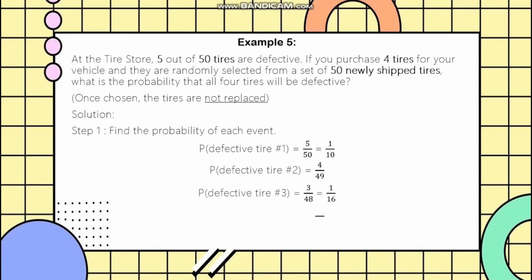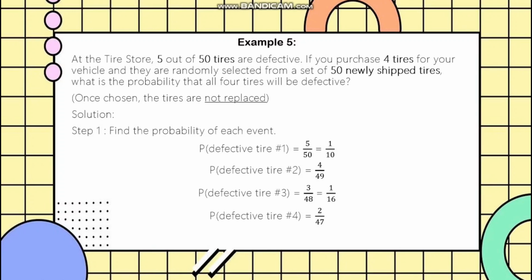Third, the probability of defective tire number 3 is 3 over 48, or 1 over 16 if simplified. Lastly, the probability of defective tire number 4 is 2 over 47. Notice how we always subtract 1 as the list goes on? It's because after each tire, 1 tire is excluded.